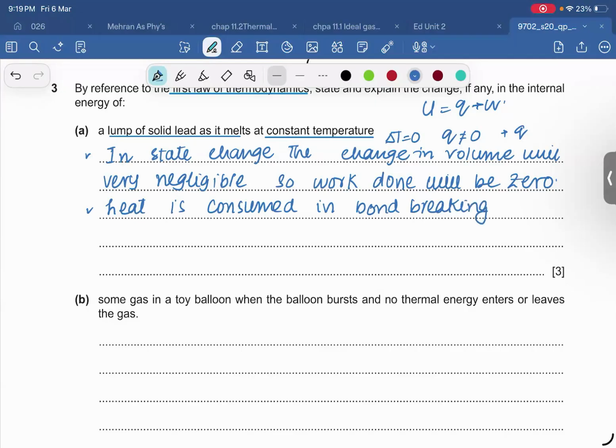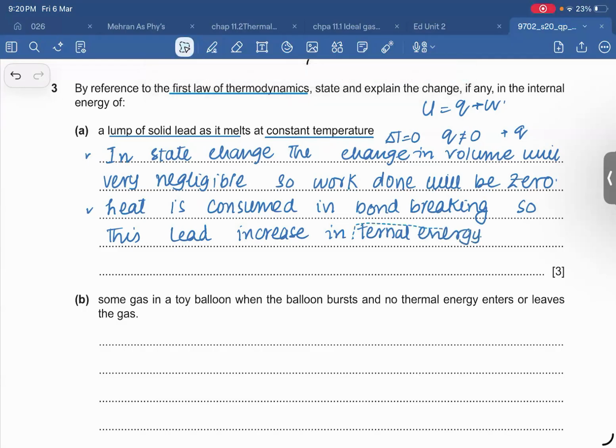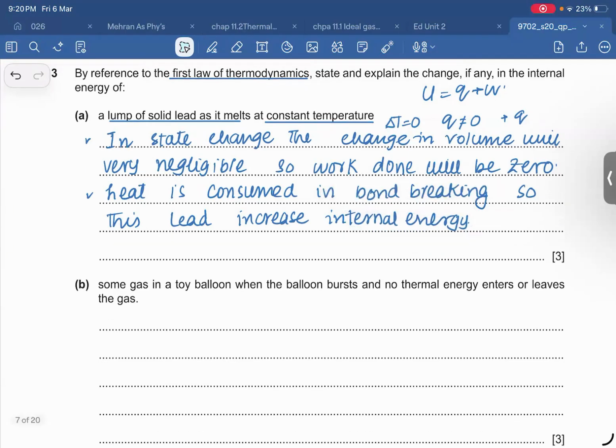This leads to the increase in internal energy. And these are the three quantities, and you'll get the 3 marks for the three quantities. Okay. Please move on.